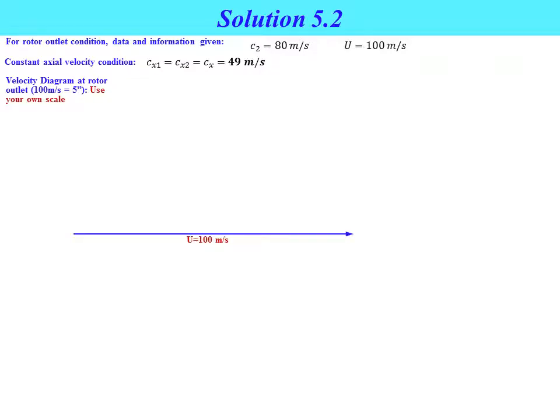First we draw the vector for u, because we already know its magnitude and direction. We also know the value of the axial velocity, so we draw the lower limit and upper limit lines for the axial velocity, where the distance must represent the value of cx equal to 49 meters per second based on your own scale.